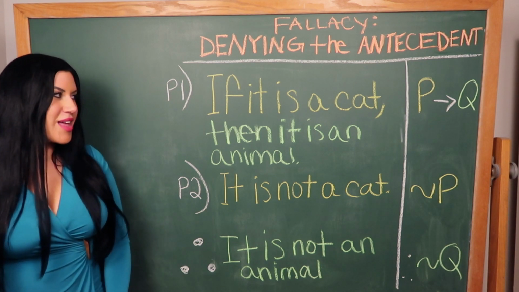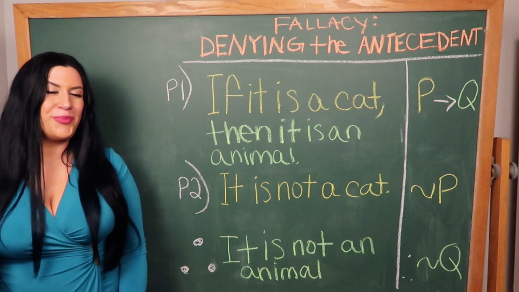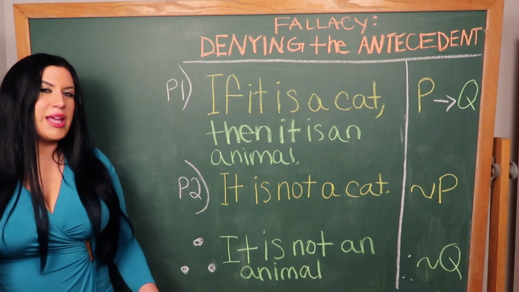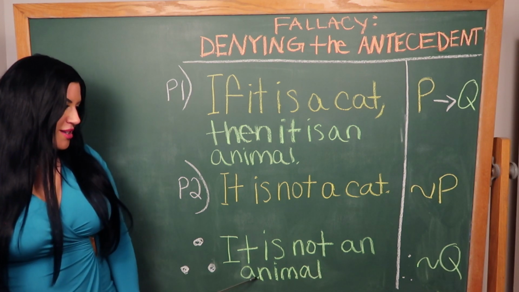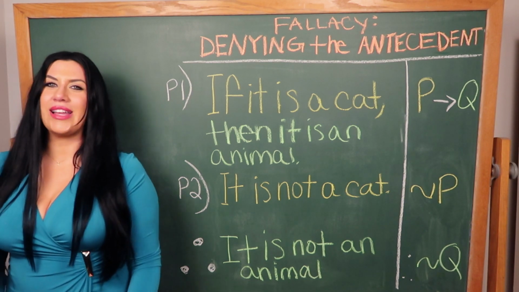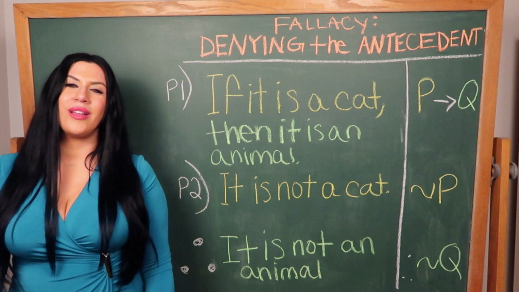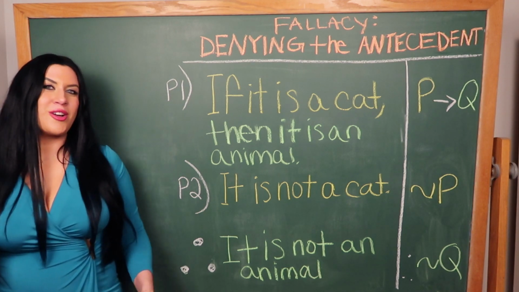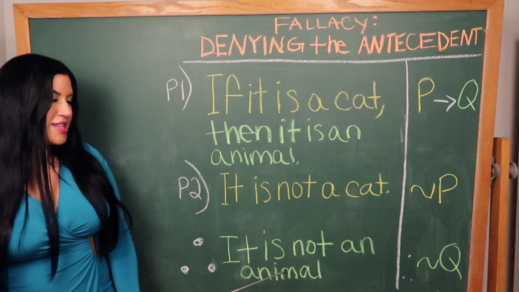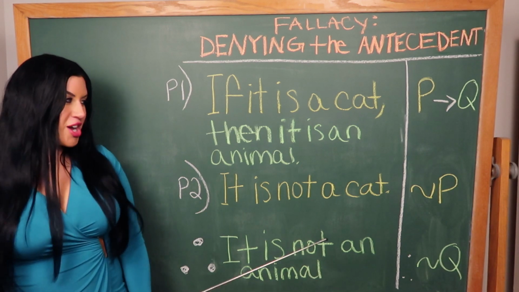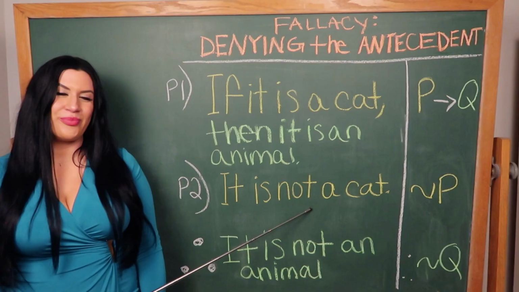If it is a cat, then it is an animal. That's true. Premise 2, it is not a cat. The conclusion is that it is not an animal. Can we safely conclude that this thing in question, the it, is not an animal just because it's not a cat?